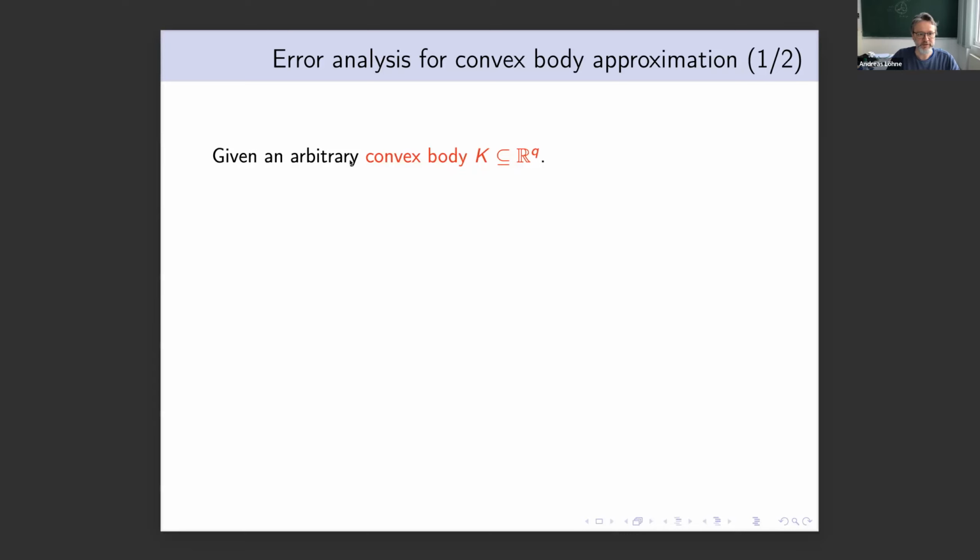So we're given a convex body K in R^q, and we assume that our solver can handle constraints of the form y is in K. This is the point where I said the projection idea is involved.